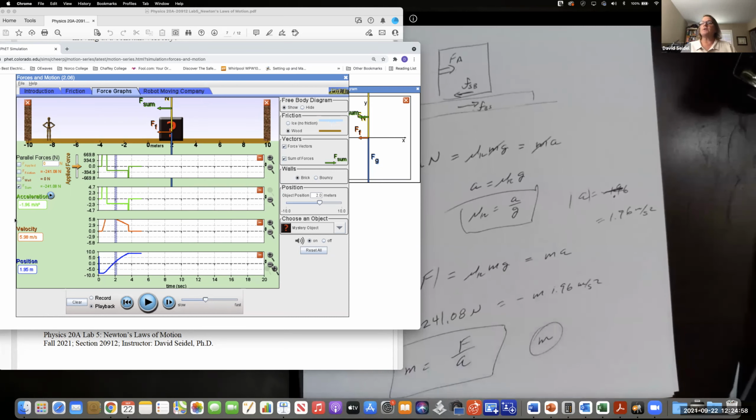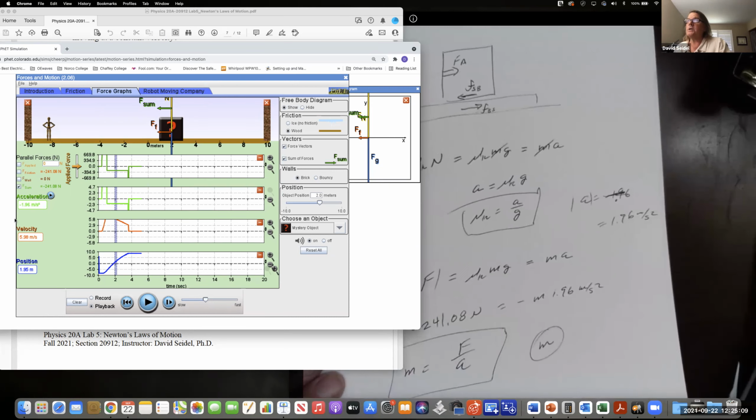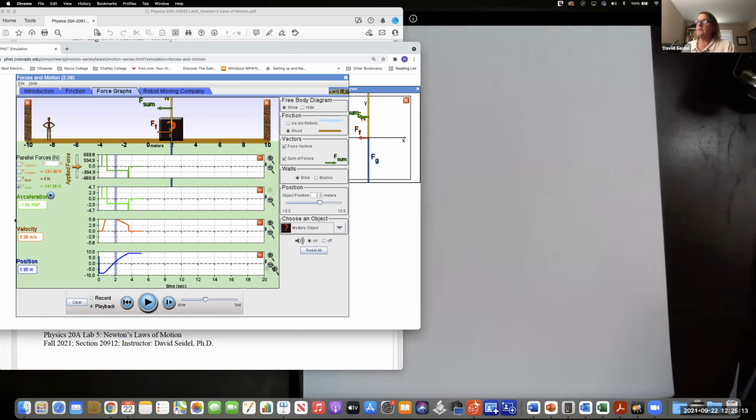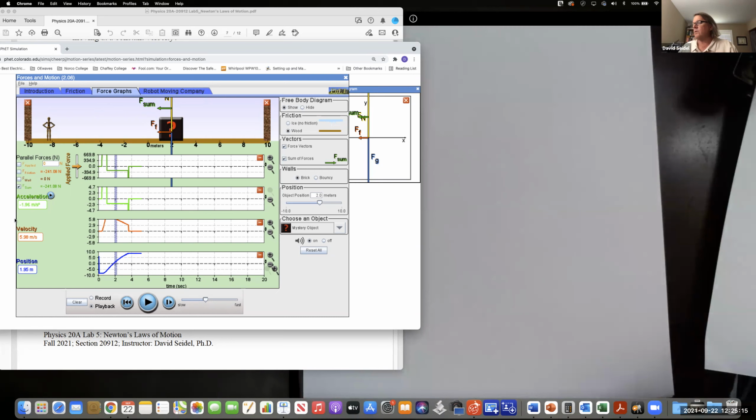Now, static friction is a little bit more difficult to figure out. You might have to use experimentation to figure that out by creeping up on it. That's one way that you can do it.